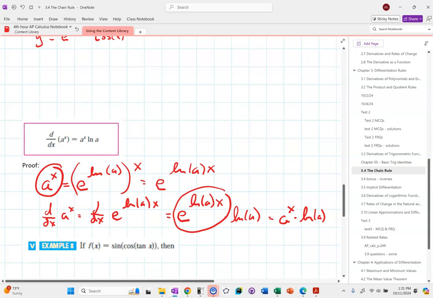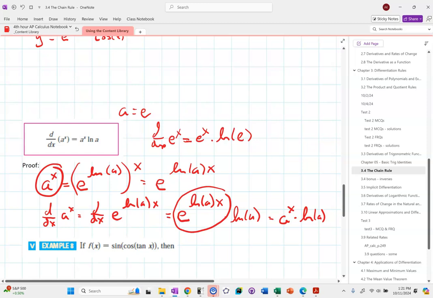Okay. So think about e to the x. When you take the derivative of e to the x, does this rule still work? So we'd say the derivative of e to the x is e to the x times the natural log of e, right?